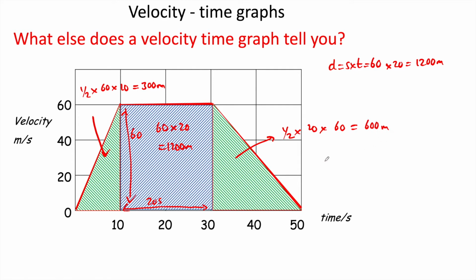So of course you can then work out the total distance travelled, 300 plus 1,200 plus 600, and that gives you 2,100 meters.